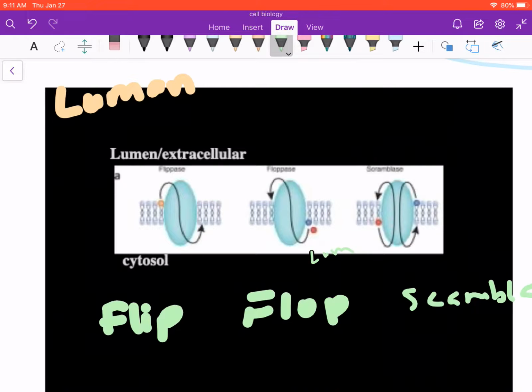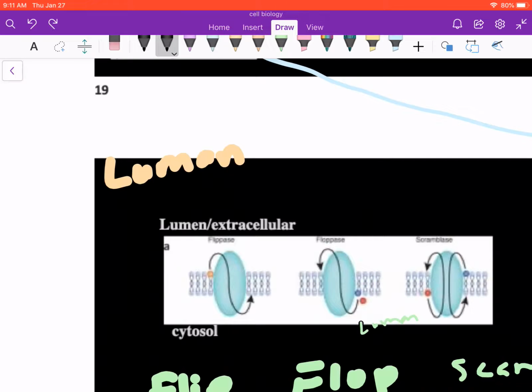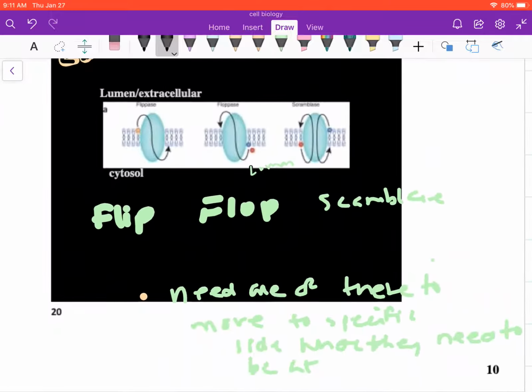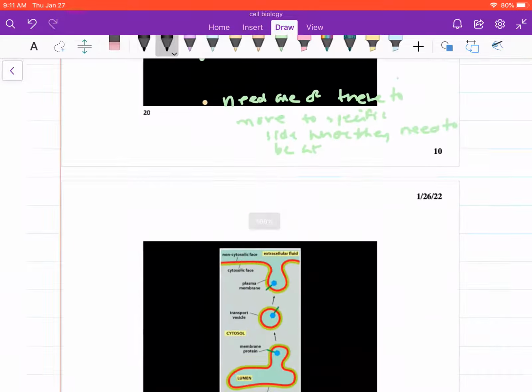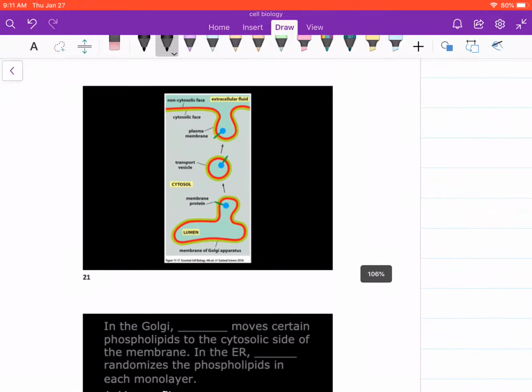Okay, so let's come back to this picture, right? Big picture. The membrane has an orientation. That orientation is going to be established in the Golgi by flippase and floppase, so that we are going to get one set of phospholipids that are facing the cytosol and another set of phospholipids that are on the luminal side.